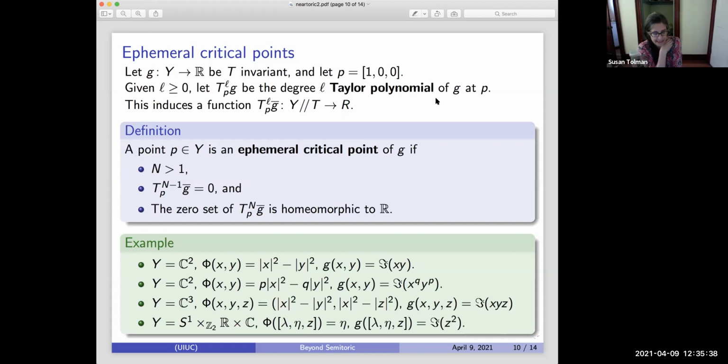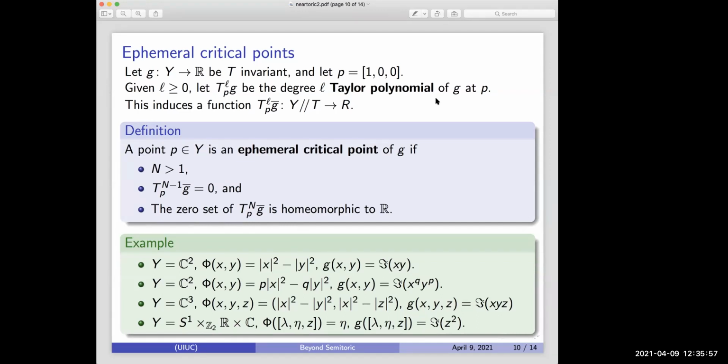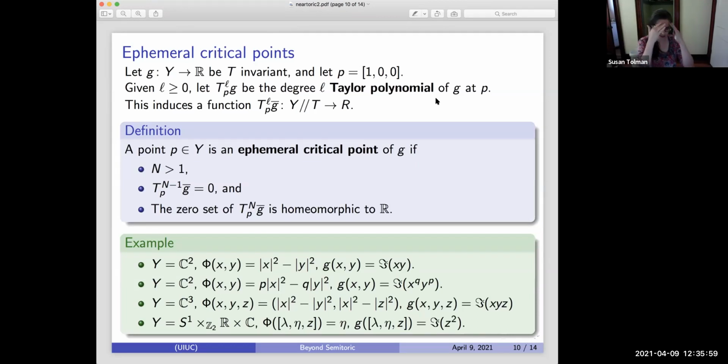If you look at C, you can look at the imaginary part of z squared. If you write it as x plus iy, this is just xy. Or if you prefer, you can think of x squared minus y squared. It doesn't really matter.